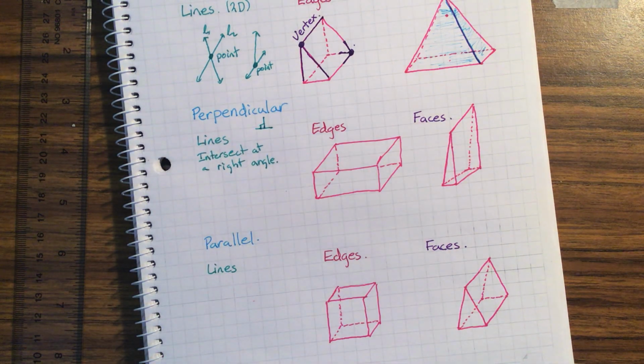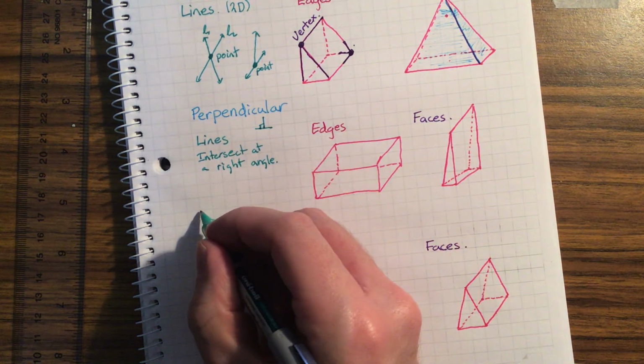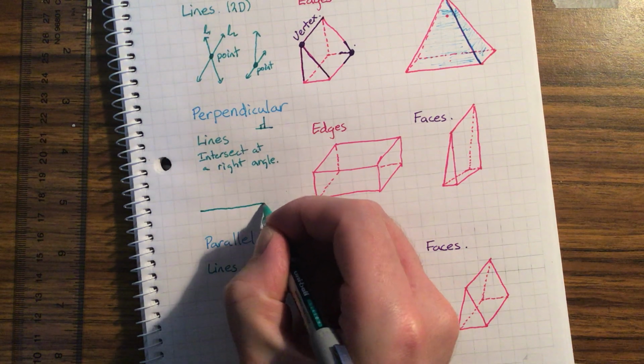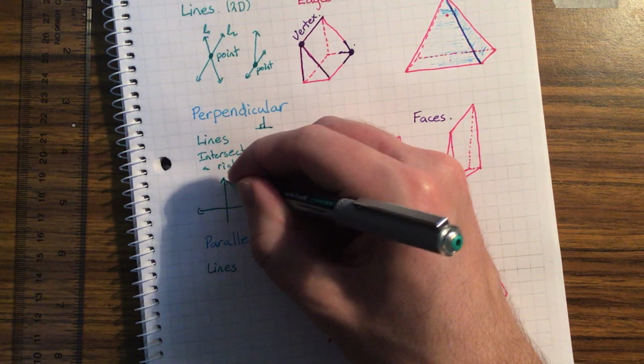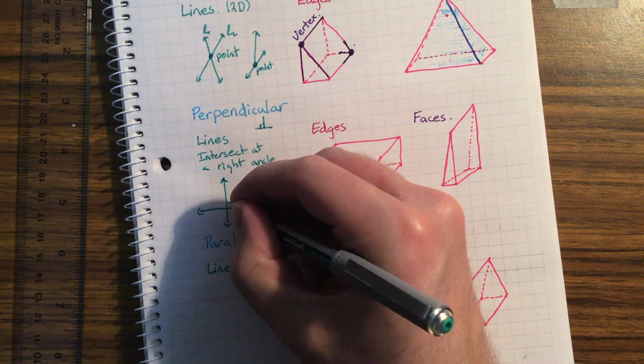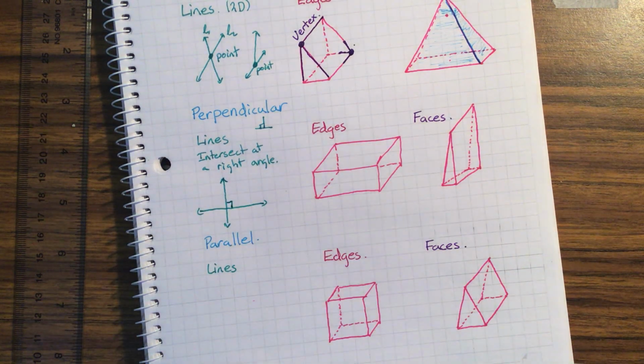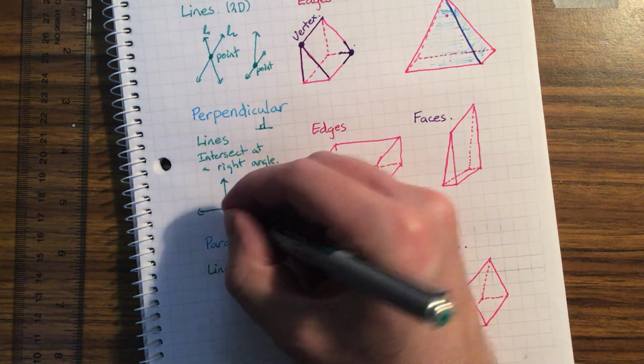That's the symbol for perpendicular. So we have a horizontal line right here meeting up with a vertical line, and it is perpendicular right there. And they intersect at a point.